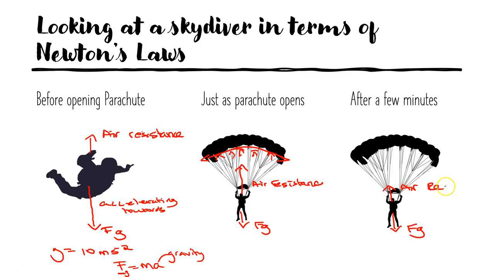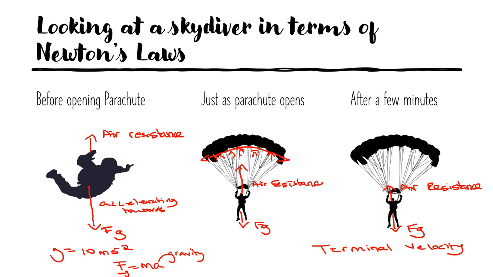Okay, once that constant speed is reached, it is terminal velocity. So the terminal velocity is the constant rate of falling, the speed at which an object falls at its maximum speed. Once it reaches that maximum speed, we call it the terminal velocity.